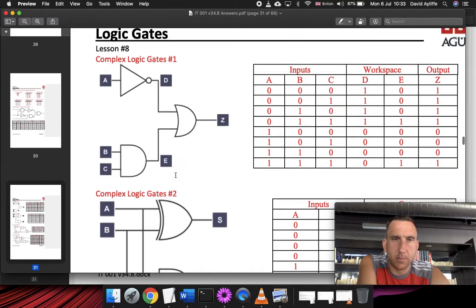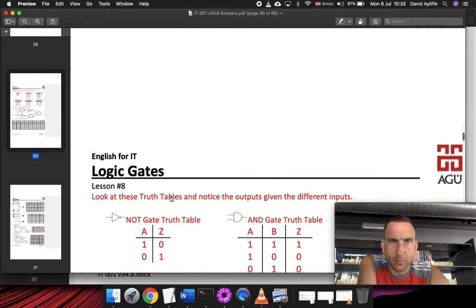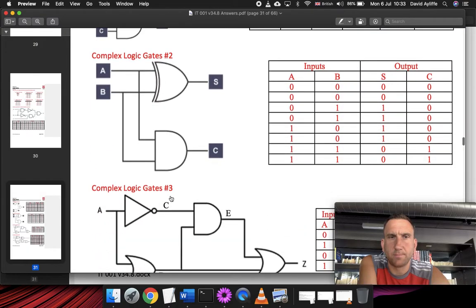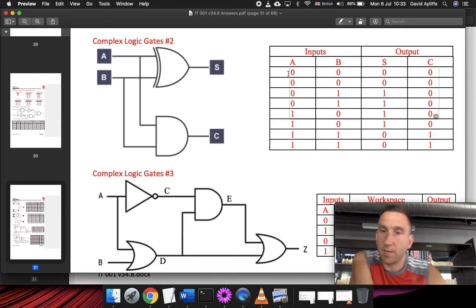Okay, so this symbol, remind me, XOR. Okay, so we have an XOR symbol. S is A XOR B. So if they're both the same, we get negative. So these are both the same, so it's negative. Both the same, negative.